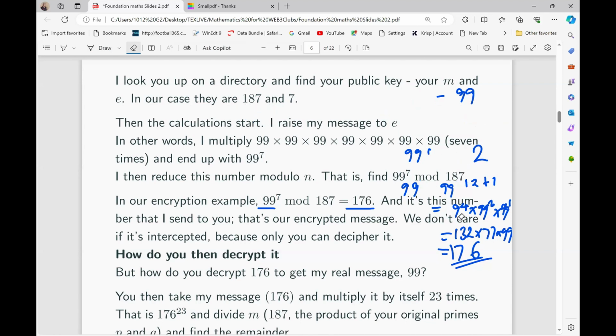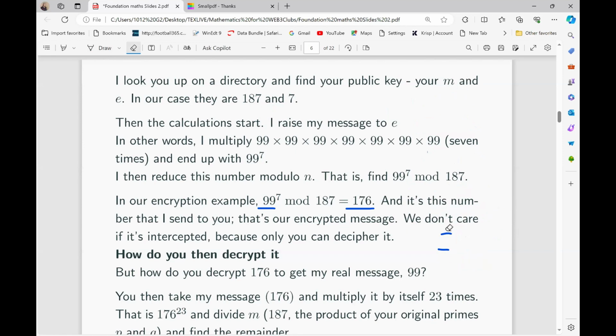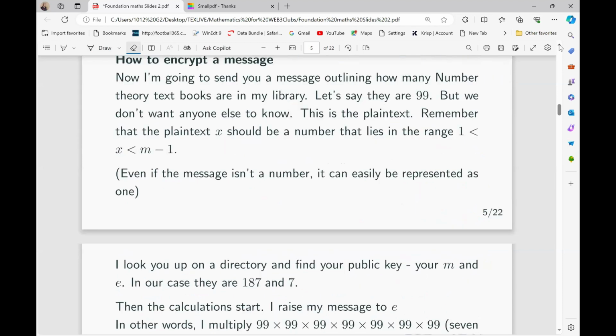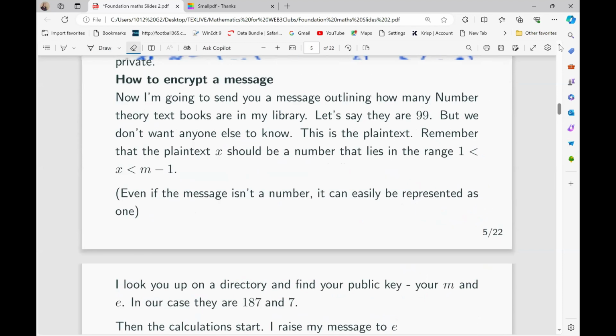So what was the inverse of 7? The inverse of 7 we had found to be 23.